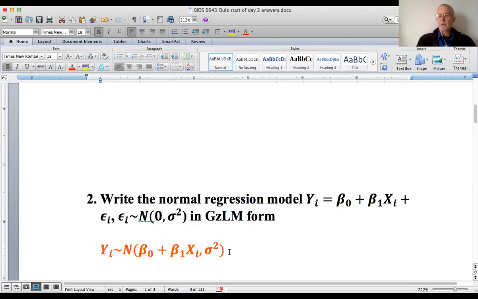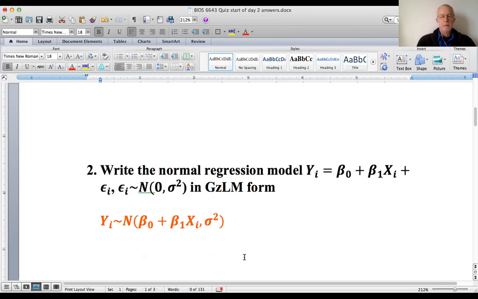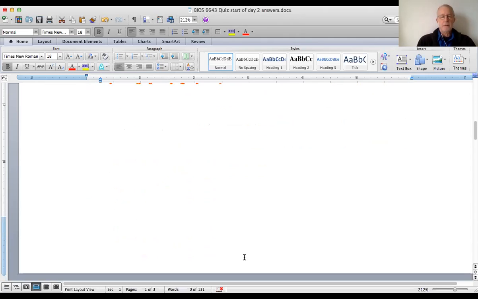Another way to think of it is, remember before, if we had skewed data, we might transform the y's. Now we're going to transform the mean. We won't be transforming the y's. Okay, any question on that idea?